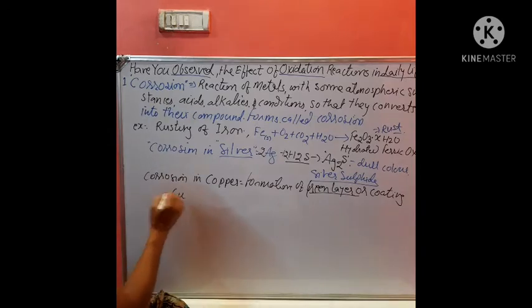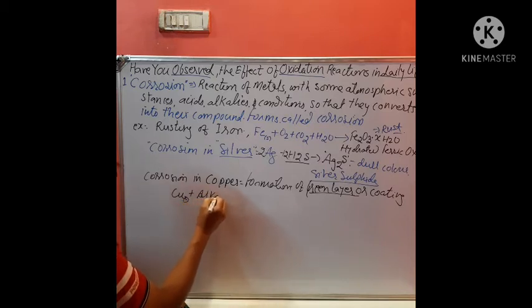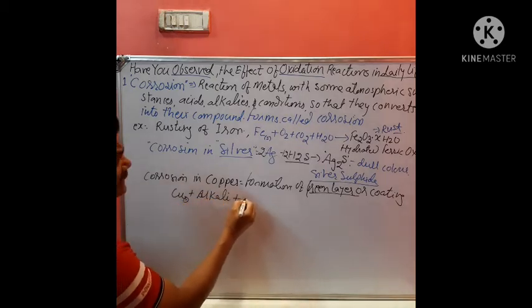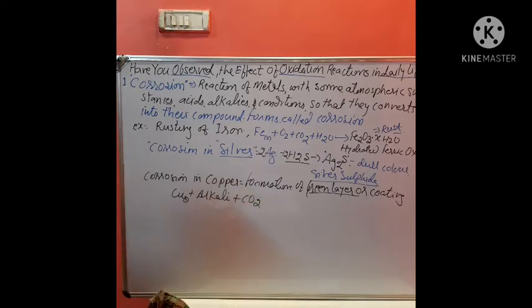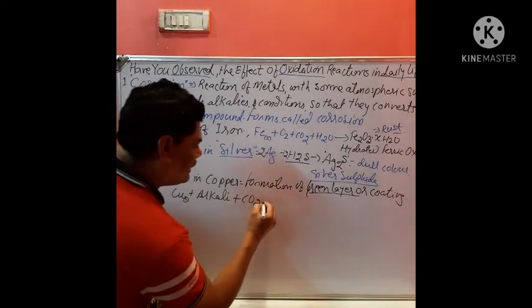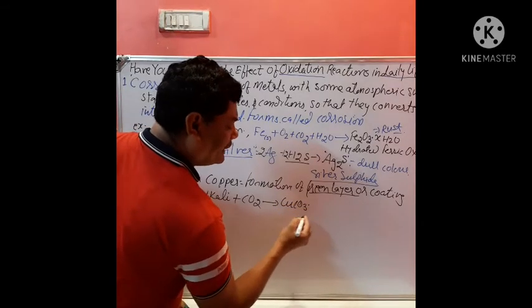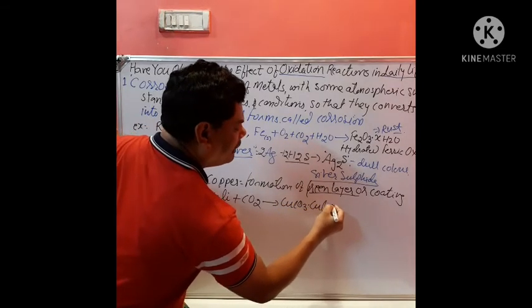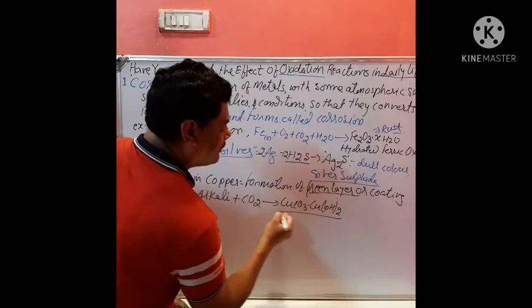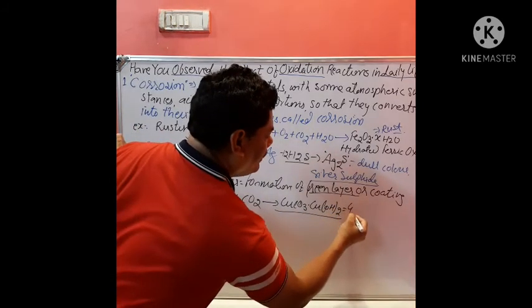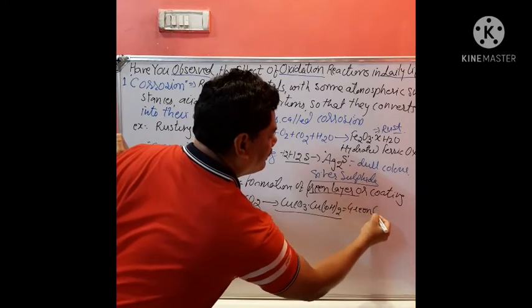So, student, copper when exposed to atmosphere, where there is what? Alkali. There is what? Carbon dioxide. Okay, such substances are there. So it becomes converted to copper carbonate and copper hydroxide. This is responsible for the green coating.